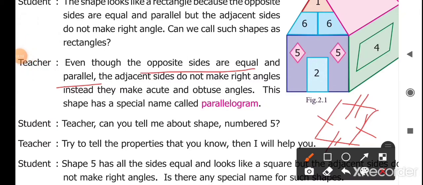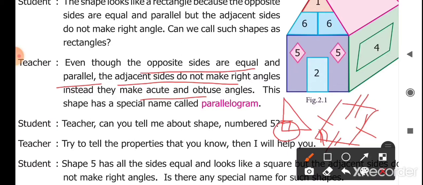Then the adjacent sides do not make right angles. It's very important. It is not a right angle. What is a right angle? A right angle means 90 degrees. This is a right angle, my dears. Instead they make acute and obtuse angles.